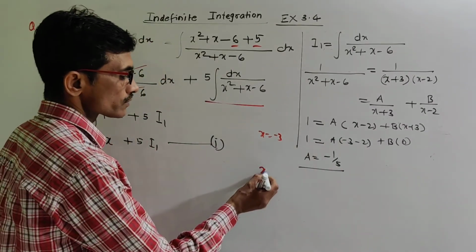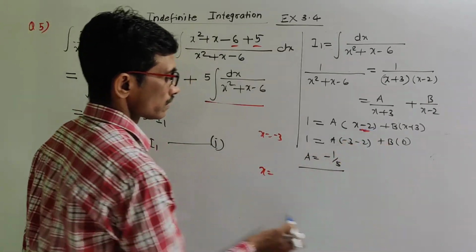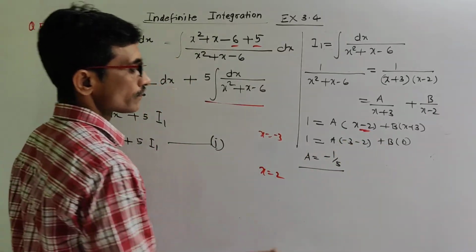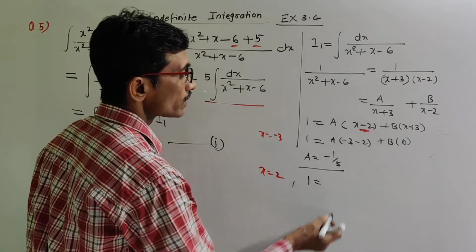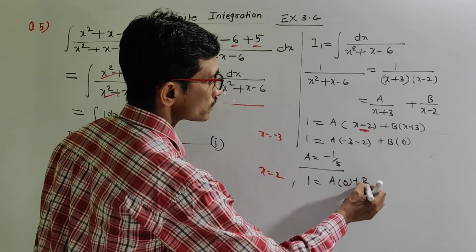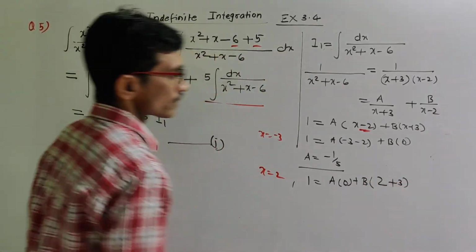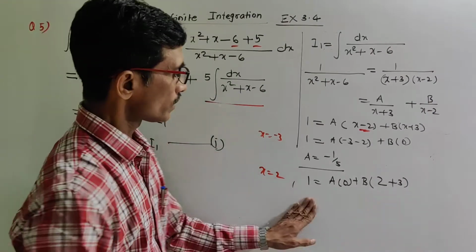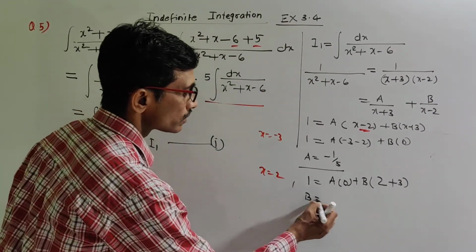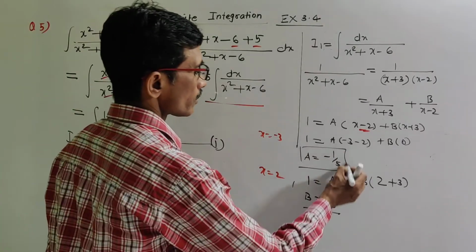Similarly, if we put x equals to 2 over here, then 1 is equal to a into 0 plus b into 2 plus 3, so that 5b is equal to 1. So b will be equal to 1 upon 5, and a is minus 1 upon 5.